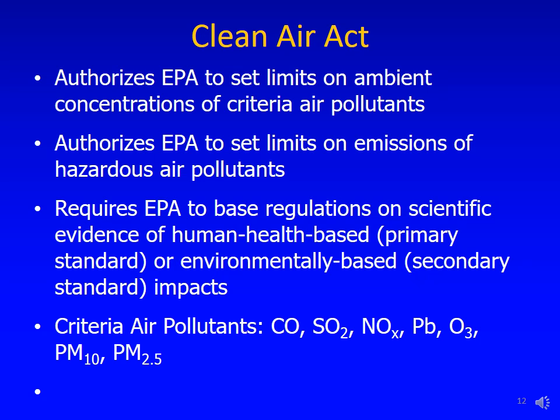Specifically, the criteria air pollutants that are regulated by the EPA are carbon monoxide, sulfur dioxide, nitrogen oxides, lead, which is a particle, ozone, PM10, which are particulate matter with aerodynamic diameters less than 10 micrometers, and then PM2.5, which are the fraction of the particles that have aerodynamic diameters less than 2.5 micrometers.